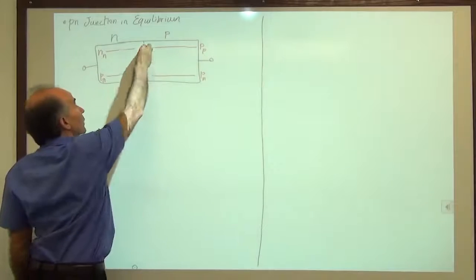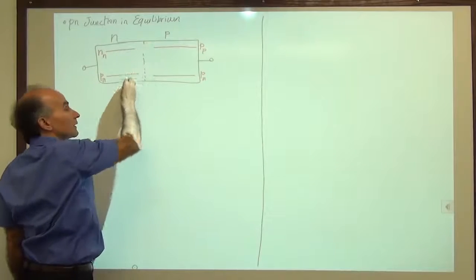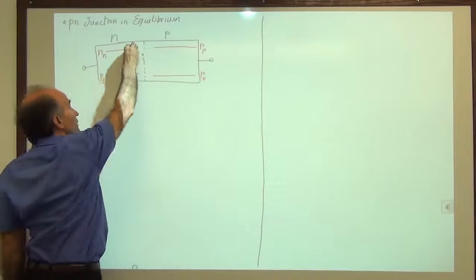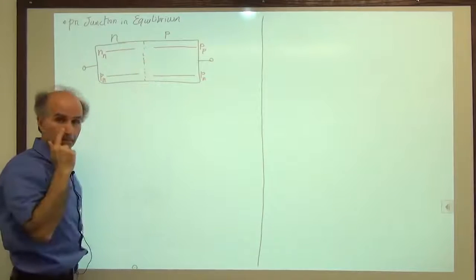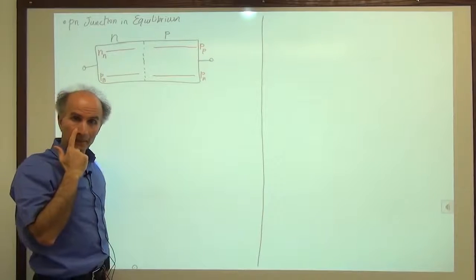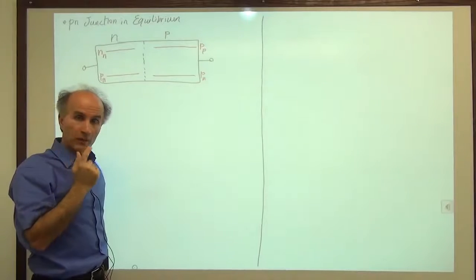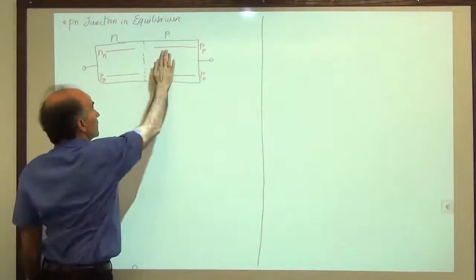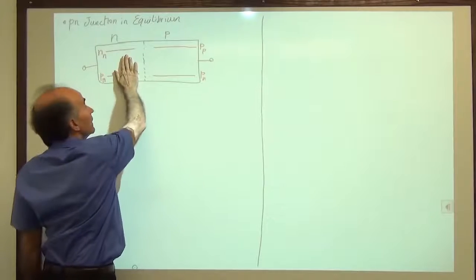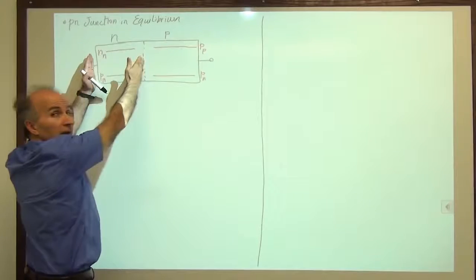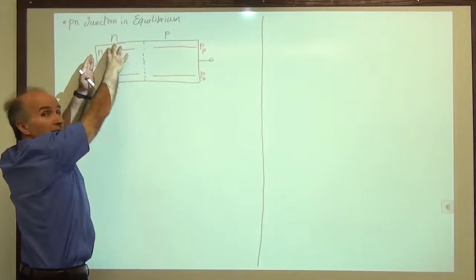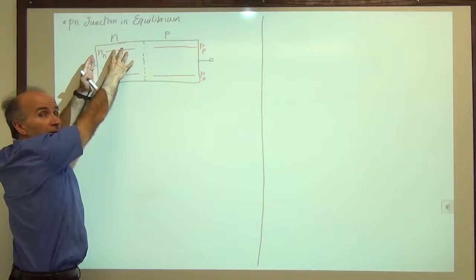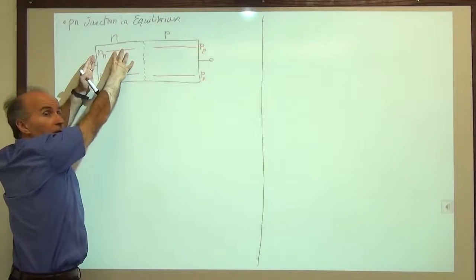So one hole starts from here and goes here. One electron starts from here and goes here. Now, remember the charge neutrality principle. Before we put these together, the n-type material was neutral. It had as many electrons, as much negative charge, as positive charge.